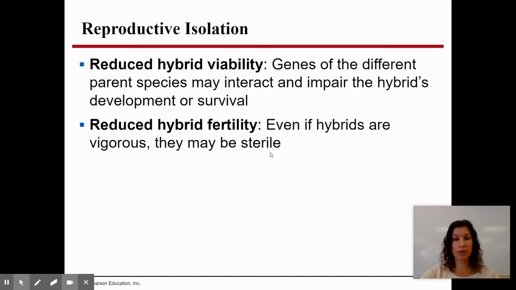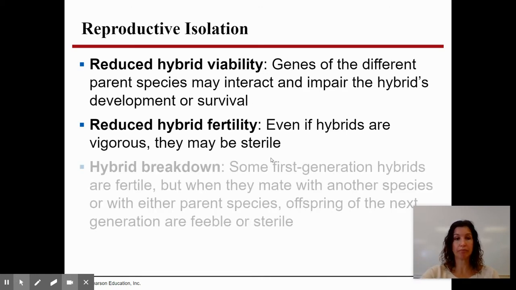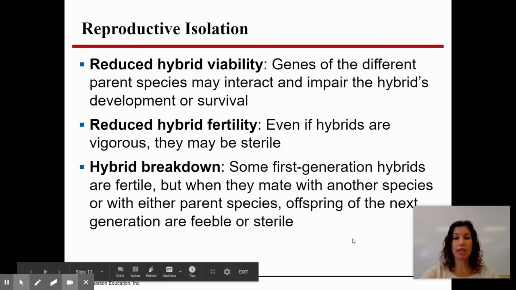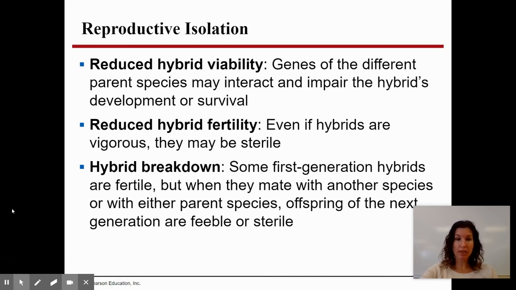So mules are sterile, ligers are sterile, so they cannot mate and produce offspring. And then hybrid breakdown is that some first generation hybrids are fertile, but then when they mate with another species or with either parent species, offspring are feeble or sterile.